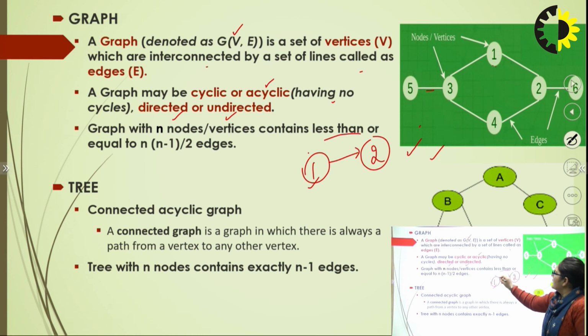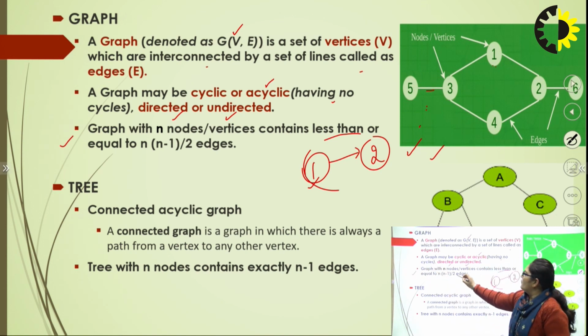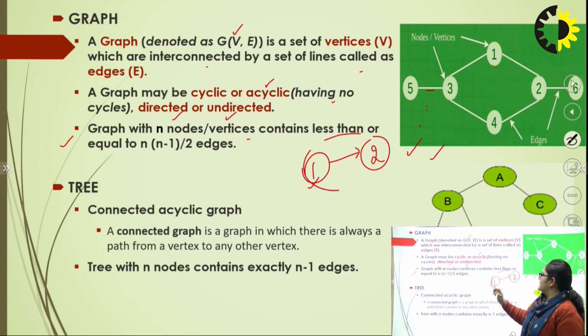This is a directed edge. If directed edges are present in your graph, then that graph will be a directed graph. Otherwise, it will be undirected. So this is an undirected graph. Also, if in a graph you have n number of nodes or vertices, then that graph will contain less than or equal to n into n minus 1 by 2 number of edges.